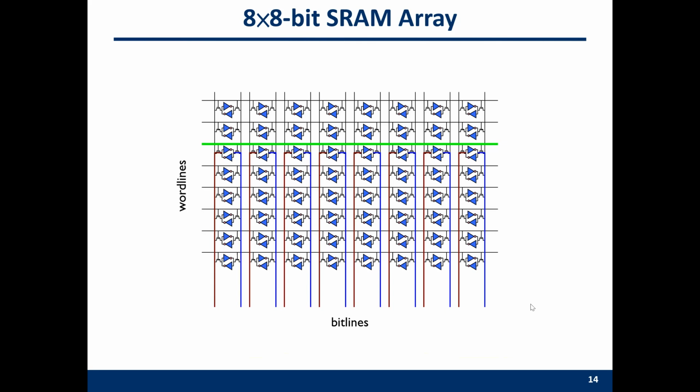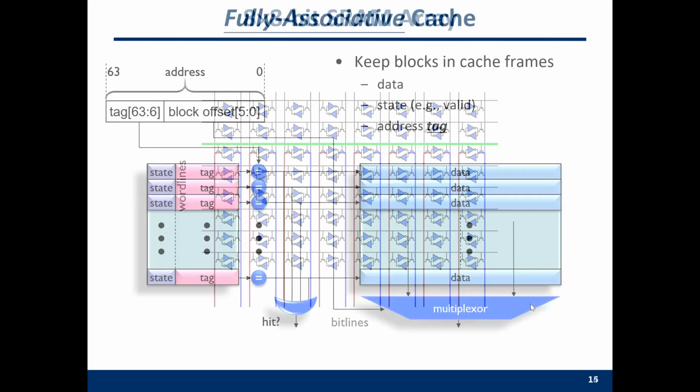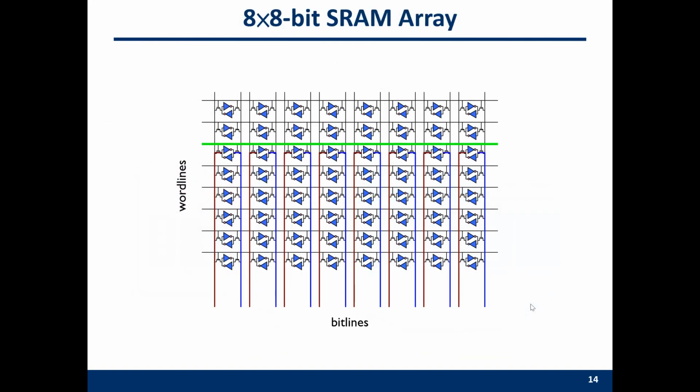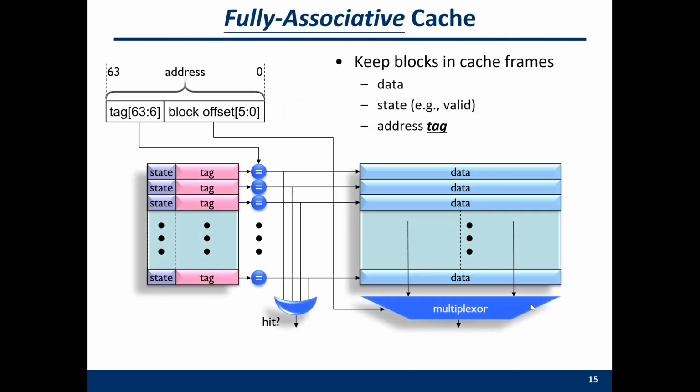Can you enable 2 word lines? No. Each time only 1 row can use the vertical line. So by the SRAM arrays, we can implement the cache.